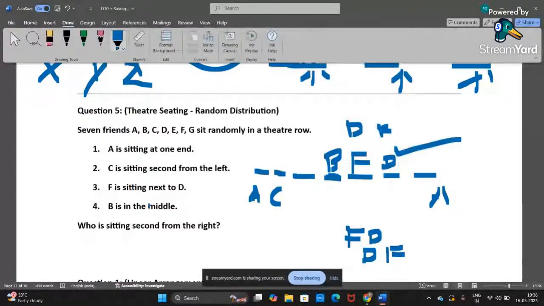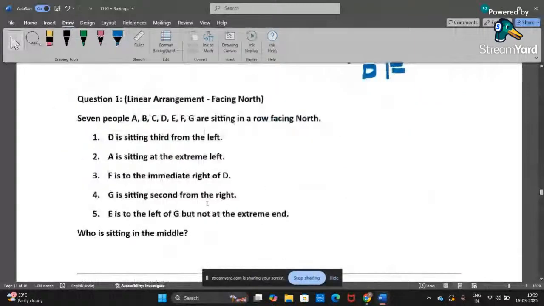They did not mention on which side these two are seated, and they also did not give the G and E positions. So for this, the data is inadequate. Try to solve this. Take a picture of this.